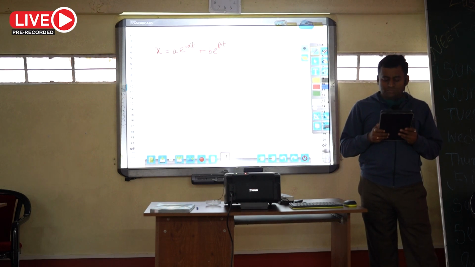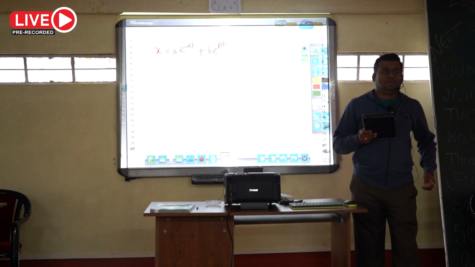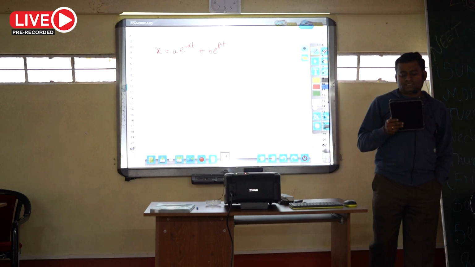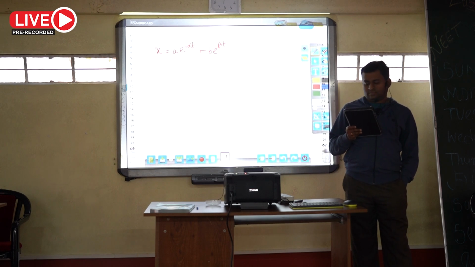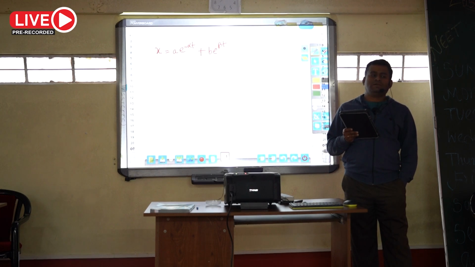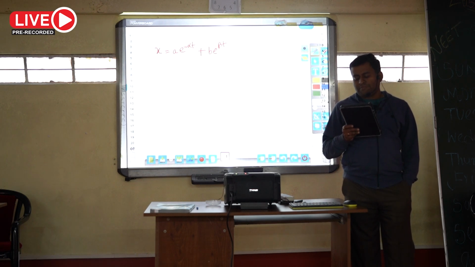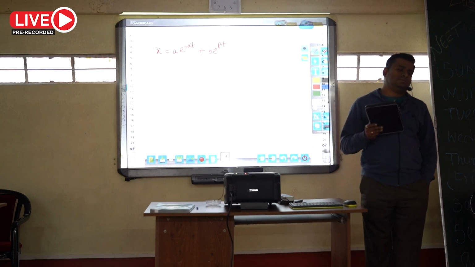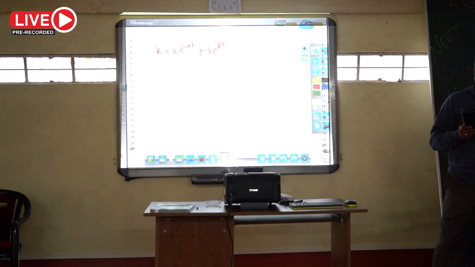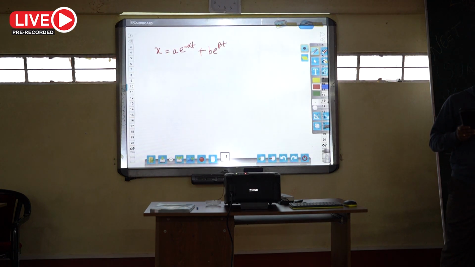The velocity of the particle will, option A, decrease with time, option B, be independent of alpha and beta, means will be independent of alpha and beta.